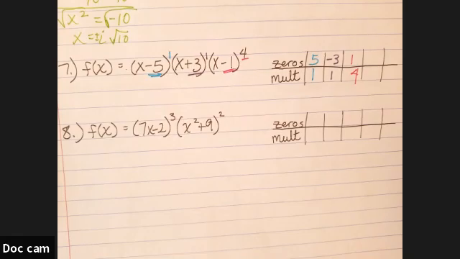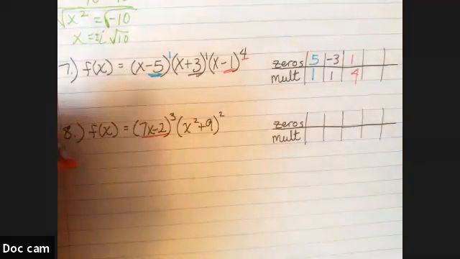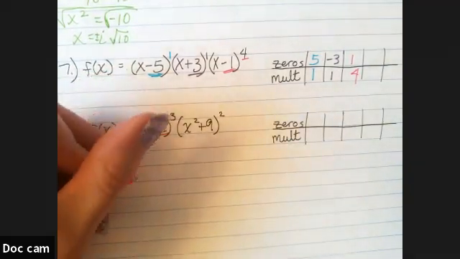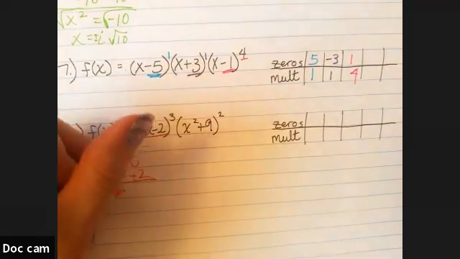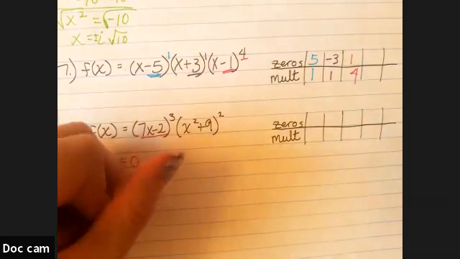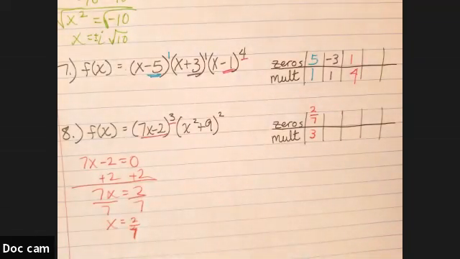And then for number 8, let me set this equal to 0 and solve for x. So 7x minus 2 equals 0. Add 2 to both sides, so 7x equals 2. Divide both sides by 7, so x equals 2/7 with a multiplicity of 3. So I have a 0 of 2/7 with a multiplicity of 3.